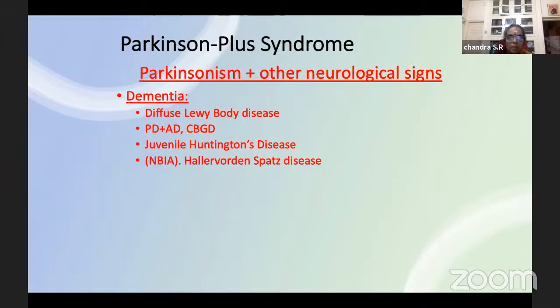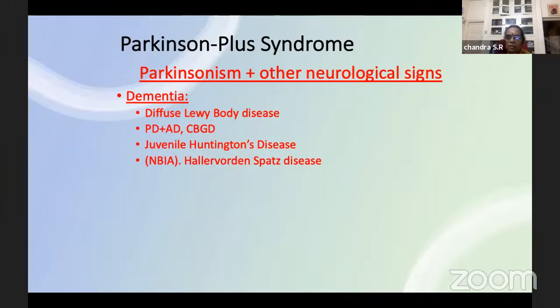Hallervorden-Spatz disease, or neurodegeneration with brain iron accumulation. Now this term Hallervorden-Spatz has been removed. I'm sure you know that Hallervorden-Spatz was a doctor under Hitler. He used live patients, killed them, opened their brains, and demonstrated iron deposition in the basal ganglia by killing live people.